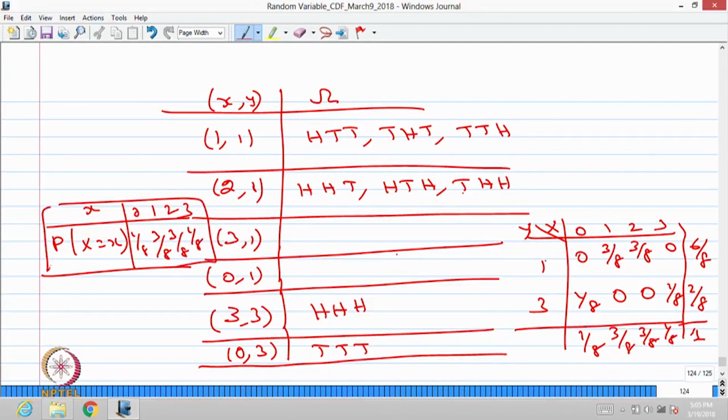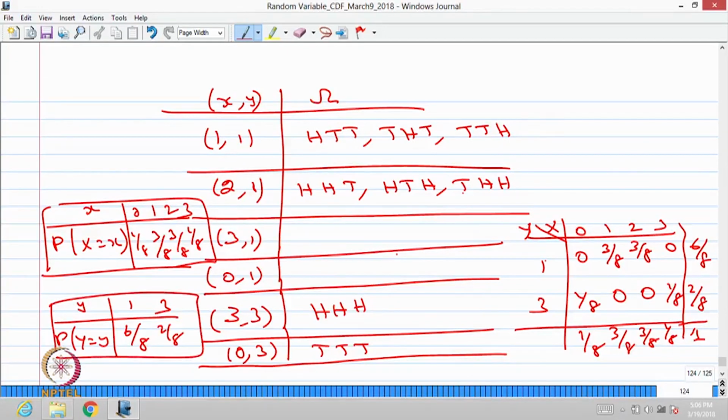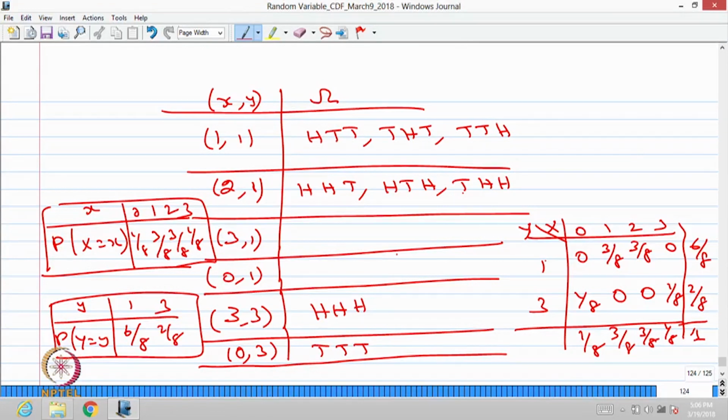So this is going to be the probability mass function of x. Similarly, one can make a probability mass function of y. Different values of y are 1 and 3. So for 1 it is 6 by 8, for 3 it is 2 by 8. So this is the marginal distribution of y. So from this table one can get the joint probability mass function of x comma y.